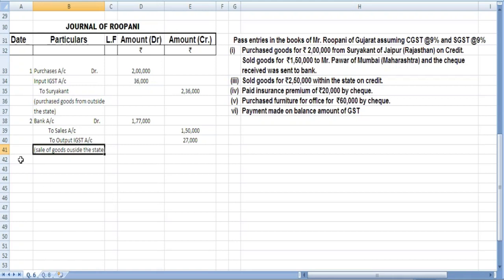Next, number 3, we have goods sold for rupees 2,50,000 within the state on credit. Now here it comes within the state. So goods sold, so we have sold to a customer, so we can write debtor, because debtor is the one to whom we are selling the goods on credit.